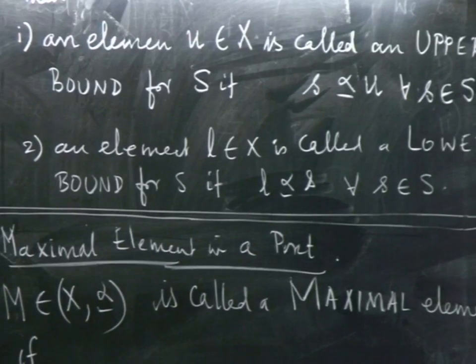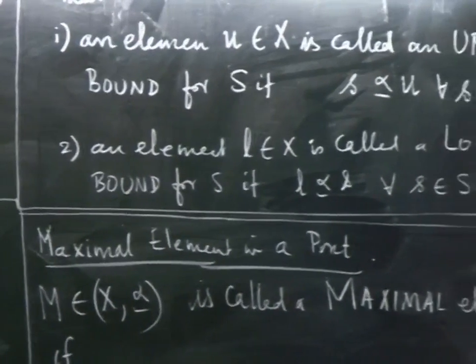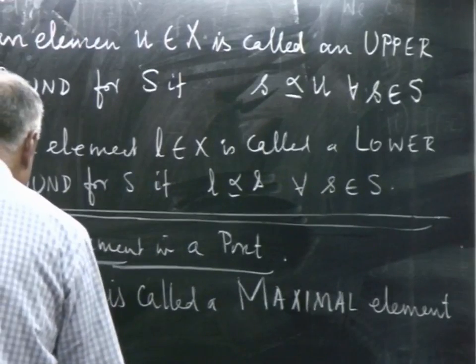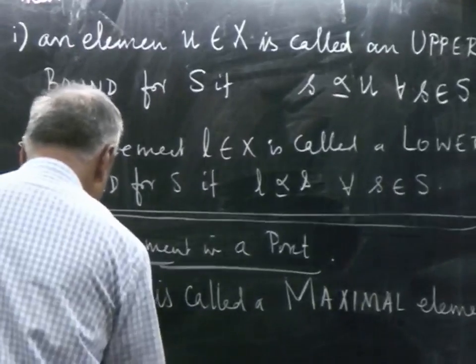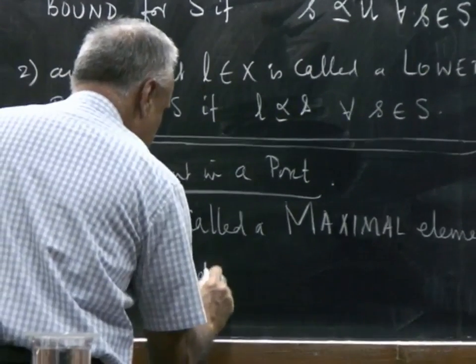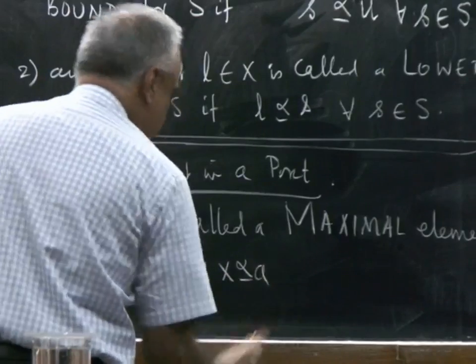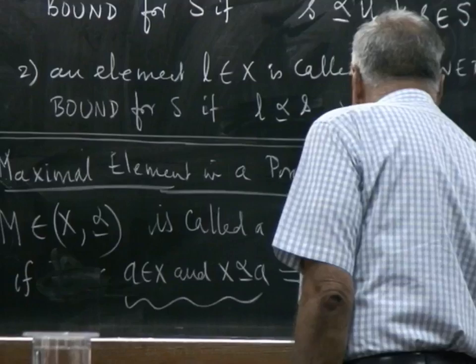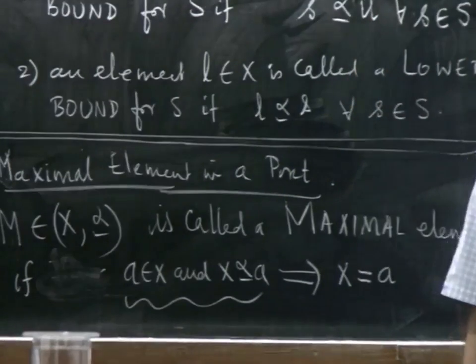What could be an intuitive definition? None of the elements should exceed that. So let me put it that way. If somebody exceeds him, if a belongs to X and he exceeds a, these two together, the only possibility is that they are equal.